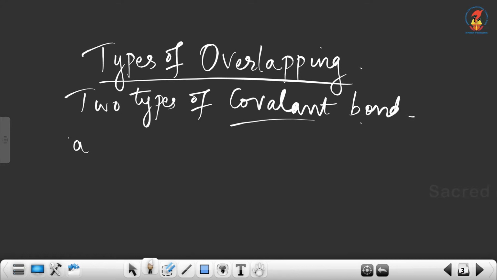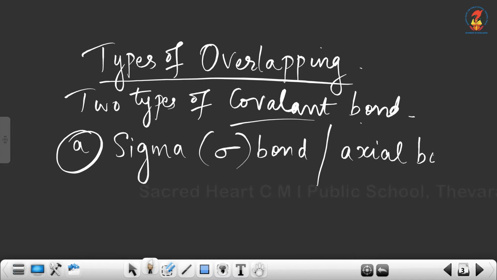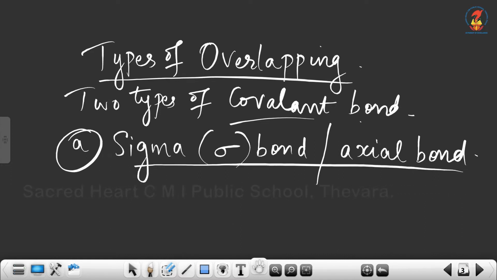The first type is sigma, denoted like this, sigma bond, or this is also called axial bond.